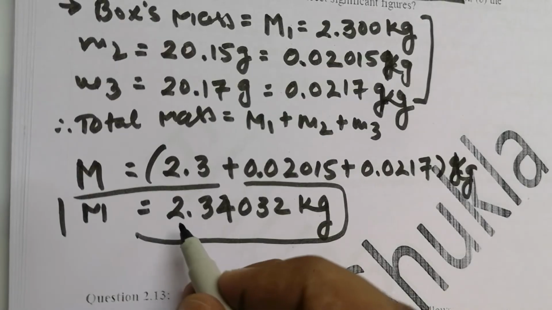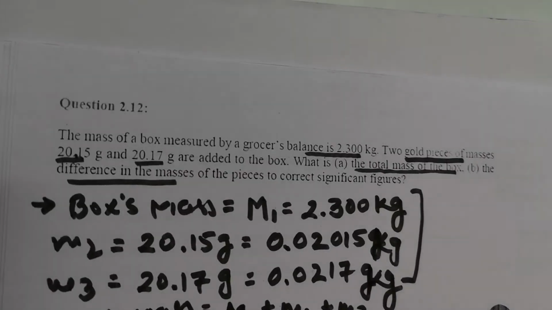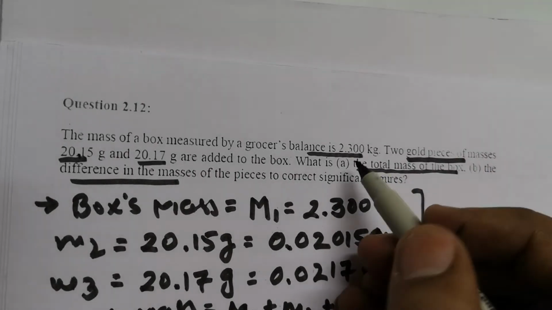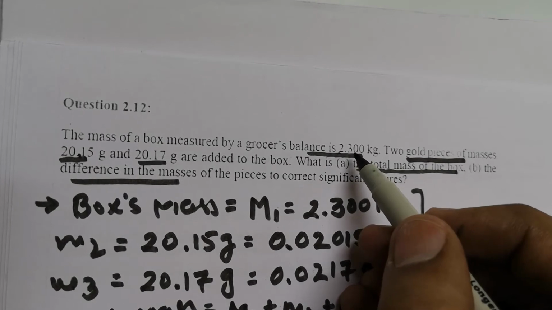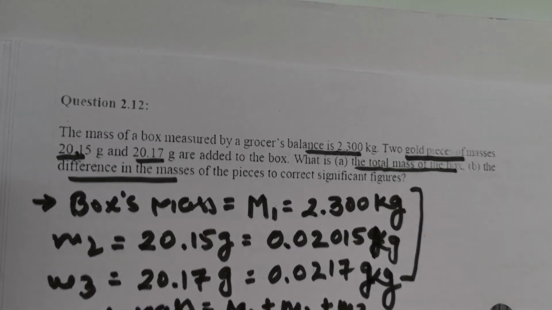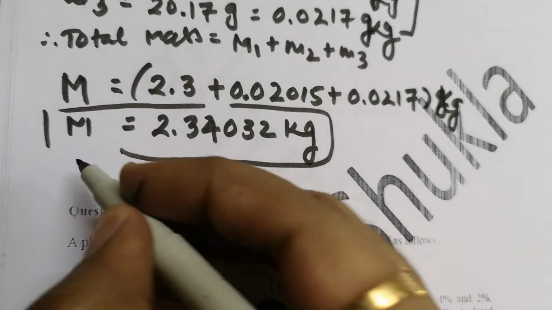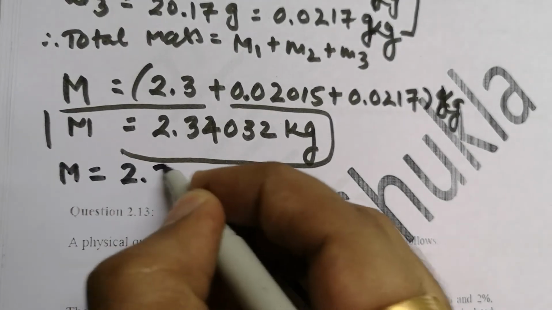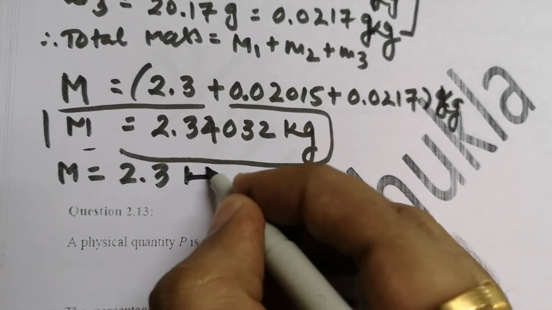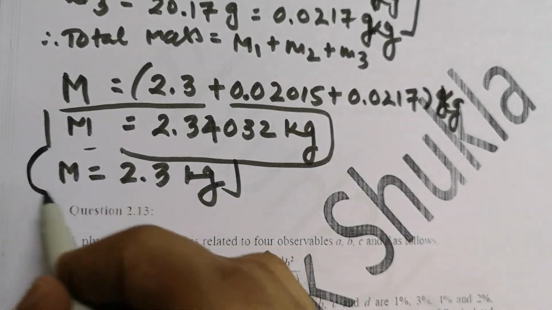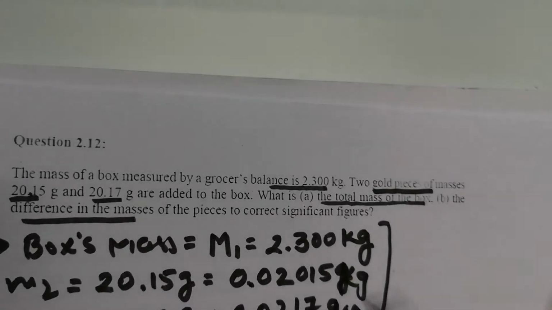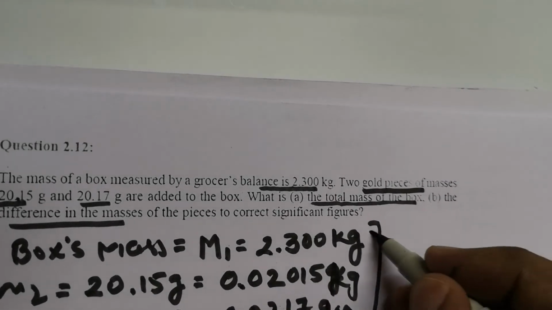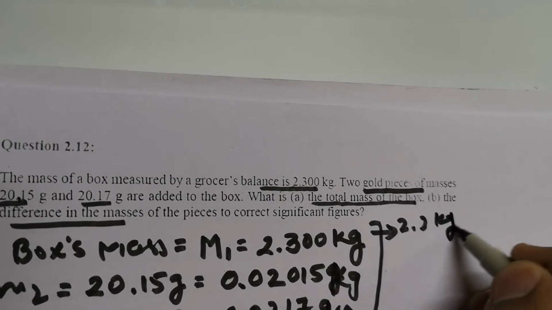Now I want to find it out with the significant digits. You can say that the least significant digit is 2.3, which contains only two significant digits. So my mass with the significant digits is 2.3 kilograms. You might be wondering that my box contains weight 2.3 kilogram; with the significant digits it will be mentioned as 2.3 kilogram.